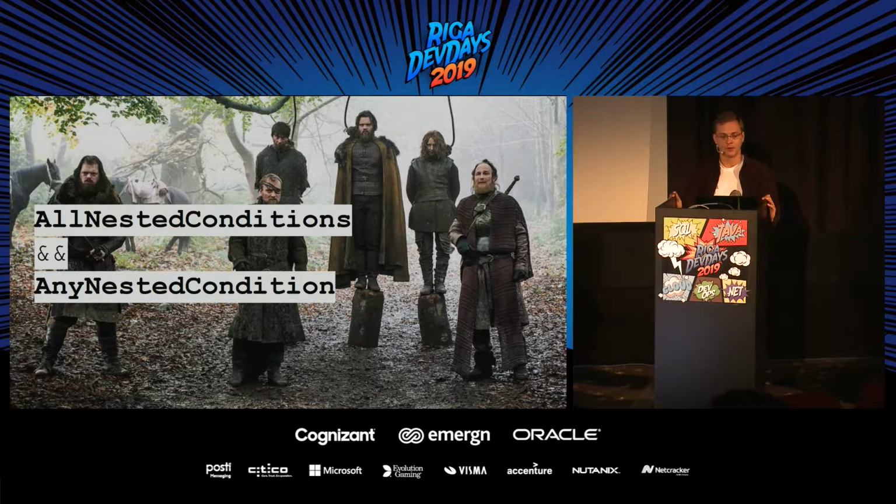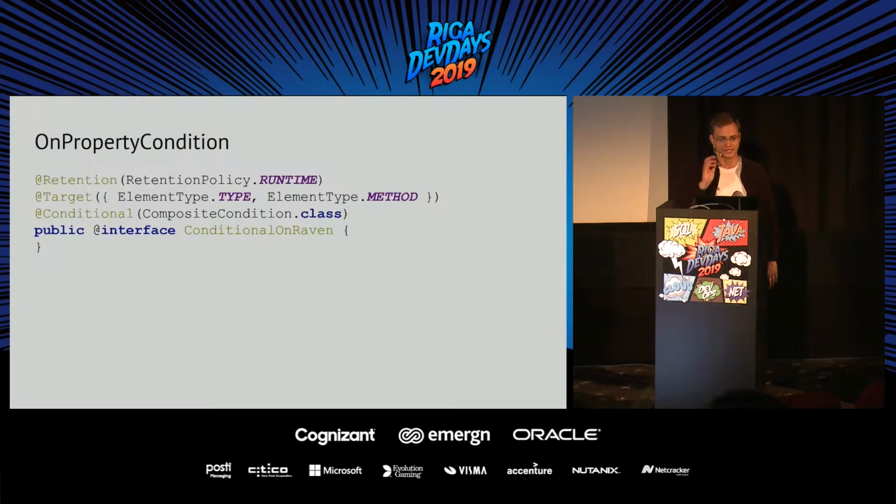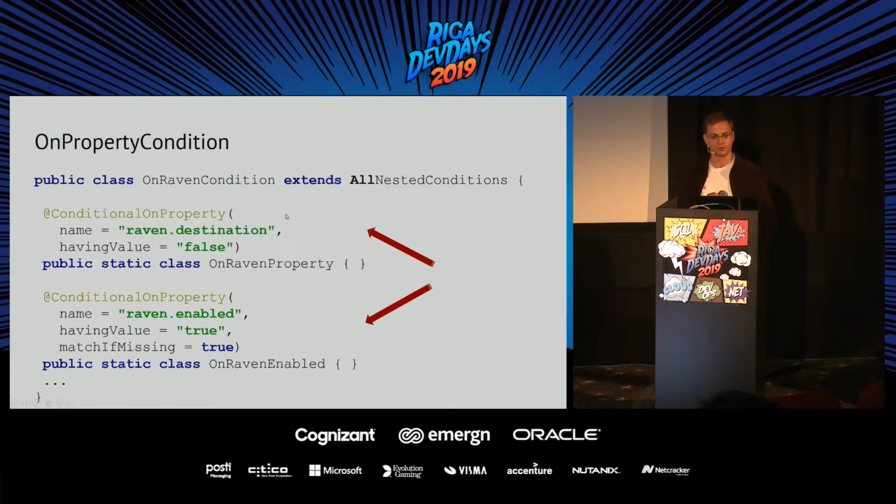Let's talk about it. We can extend AllNestedConditions if we want the AND behavior, or we can use AnyNestedConditions if we want OR behavior. This is an example of how it can be done. You can develop your own annotation called conditional on Raven, and this annotation will point to the composite condition class. And the composite condition class will look like this.